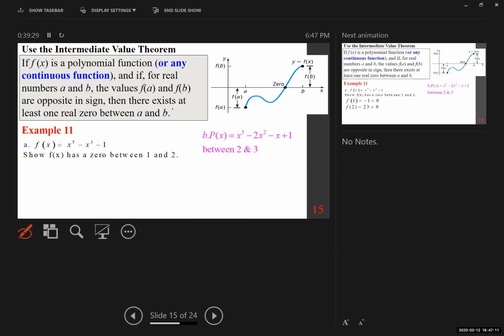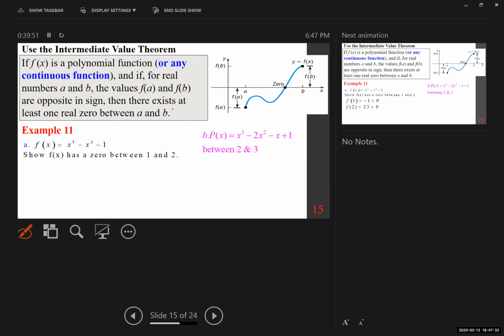The intermediate value theorem says, if we happen to have a continuous function, and that's the key, from A to B, one end is A, giving us f of A as the y coordinate.